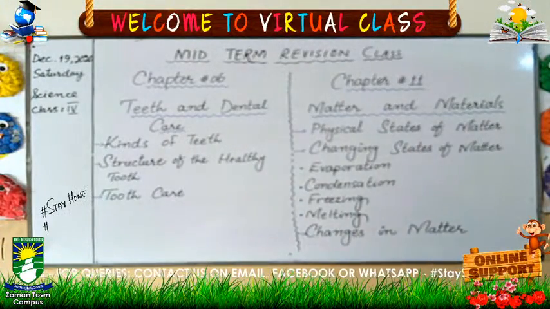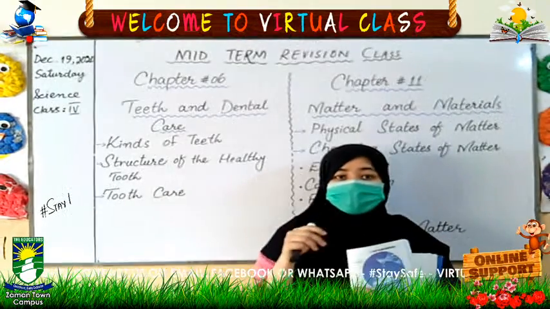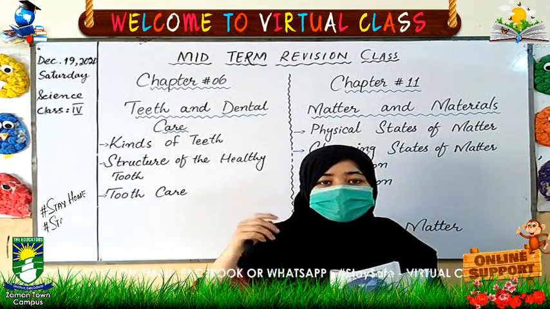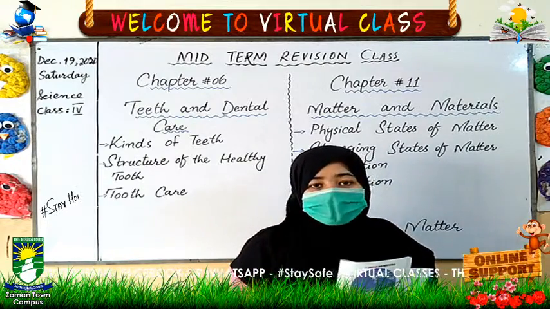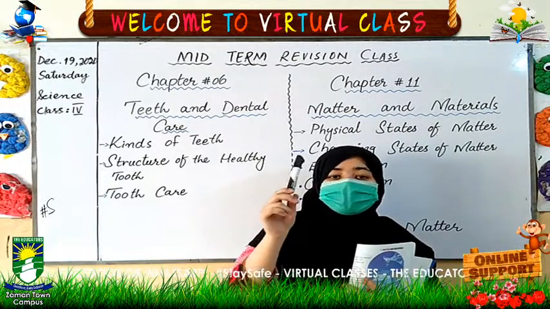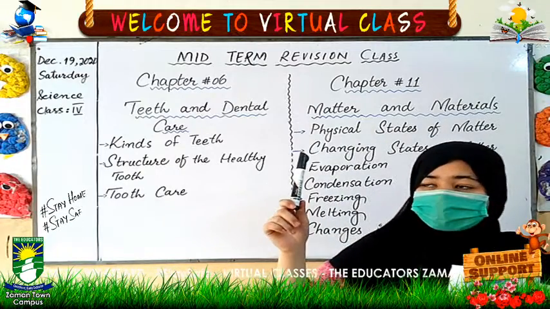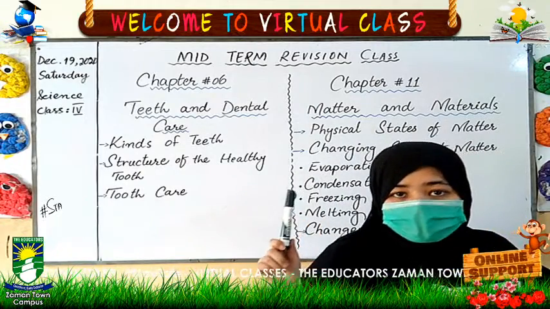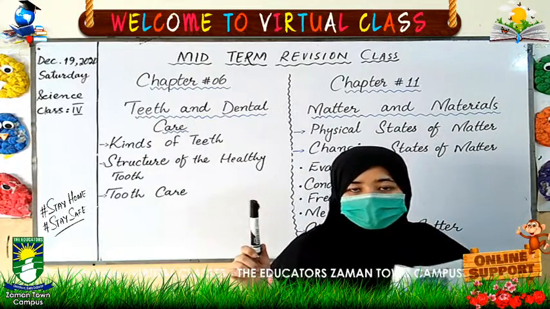A solid is a state of matter, and the particles inside a solid are packed tightly together so that they can never move to any other side. Look here, it is an example of a solid and it has a definite shape, a definite volume and a mass.